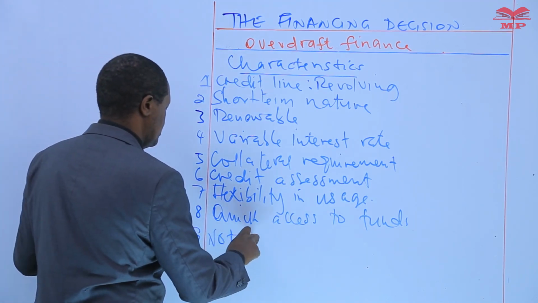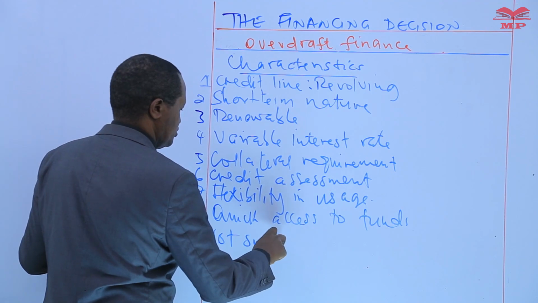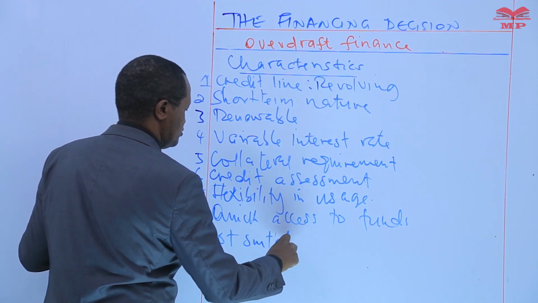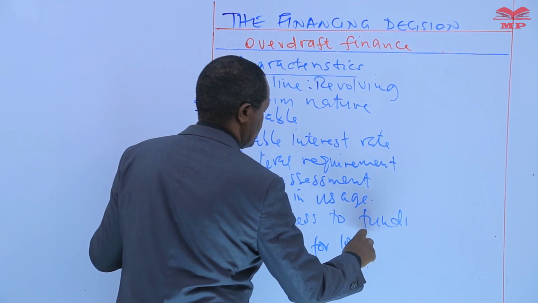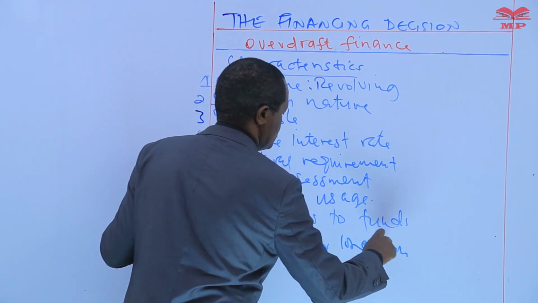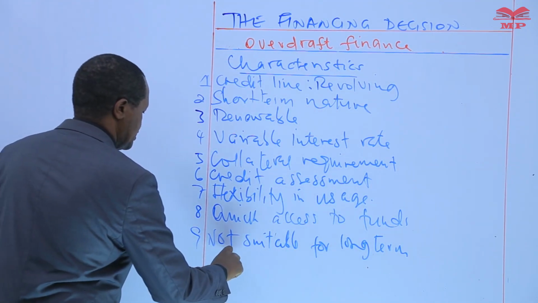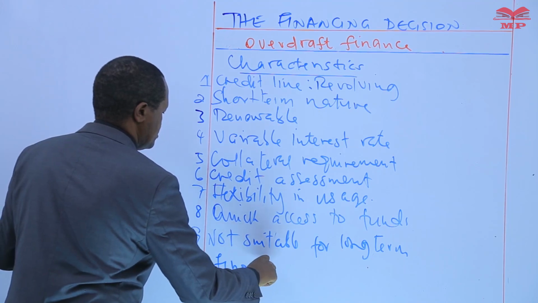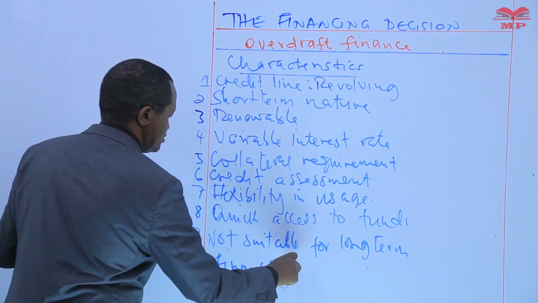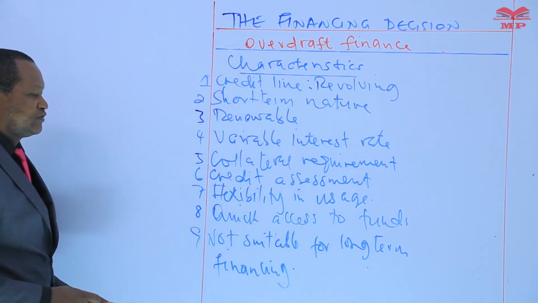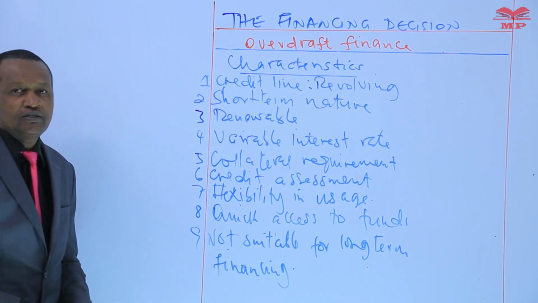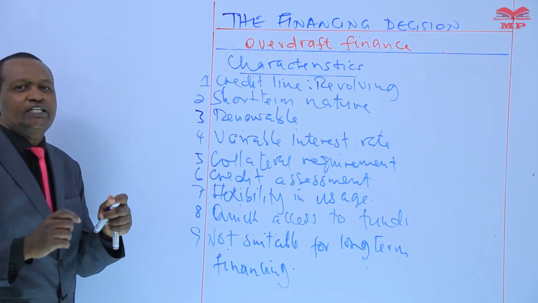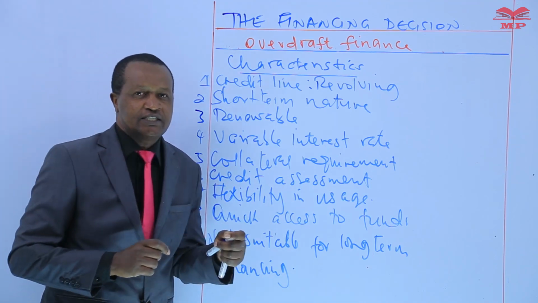Overdraft facilities are not suitable for long-term financing. Why? Because they are not intended for long-term financing needs.